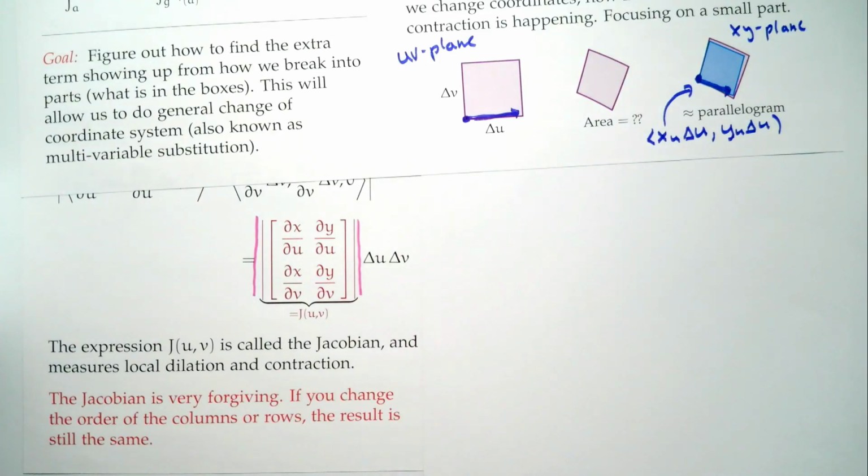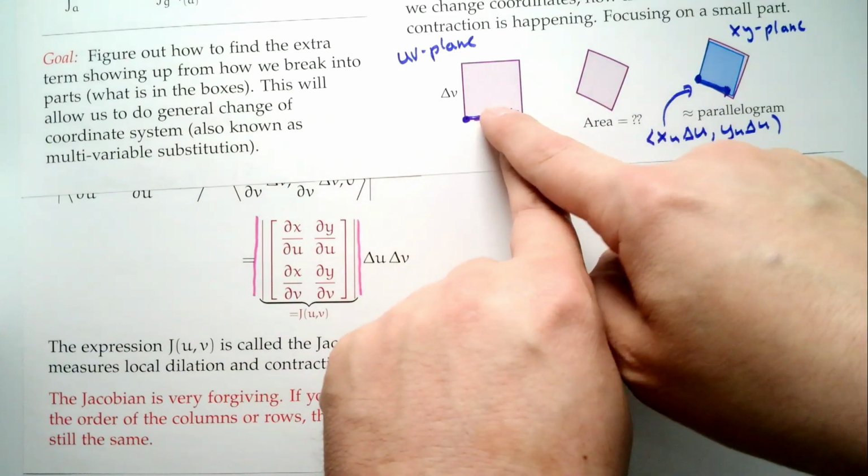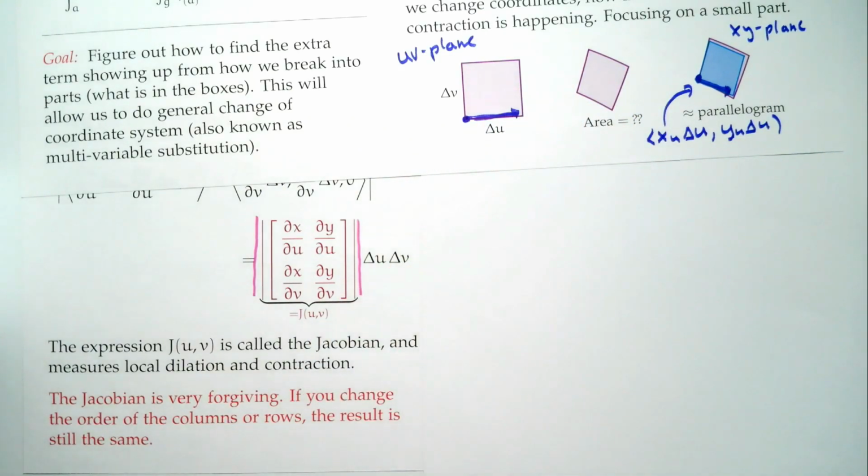It not just changed shape, but one of them is definitely smaller. This is definitely smaller than that. And that's not just a trick of the light. It actually did shrink. So what's happening is that the Jacobian is trying to capture information.